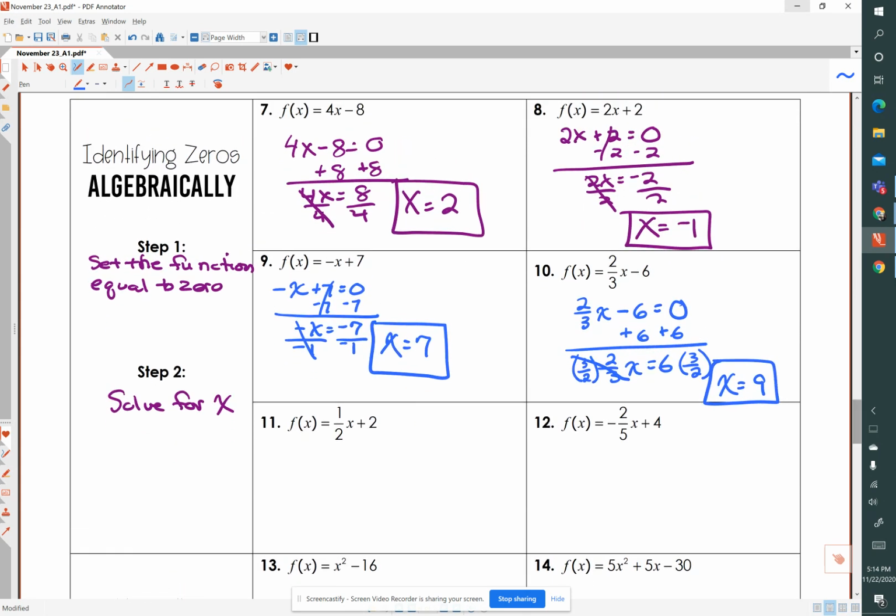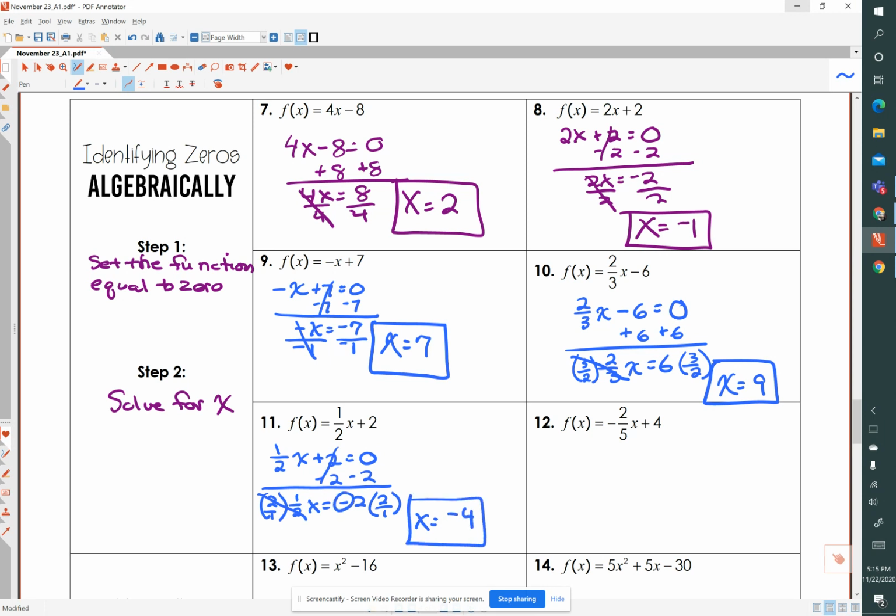Number 11, 1/2 x plus 2 equals 0. Subtract 2 from both sides. 1/2 x equals -2. Multiply both sides by the reciprocal, and x equals -4.